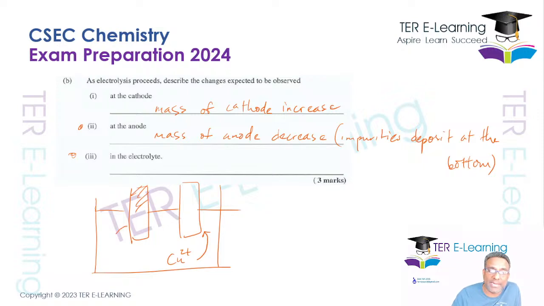At the same time, Cu2+ is going to be produced from the solid block of impure copper here. So Cu2+ is leaving the solution, but at the same time it's being added back to the solution. Therefore there is no change in color. Remember, the color of the solution depends on the Cu2+ ions. You're removing it, but at the same time you put it back, so there's no change.